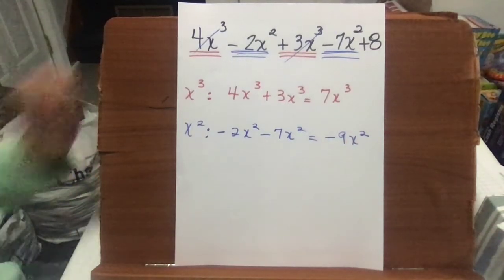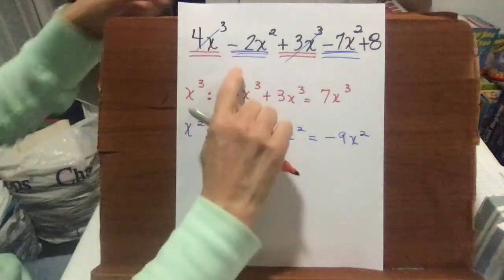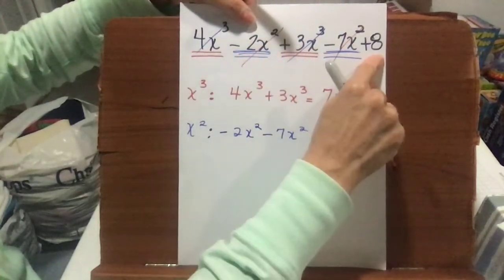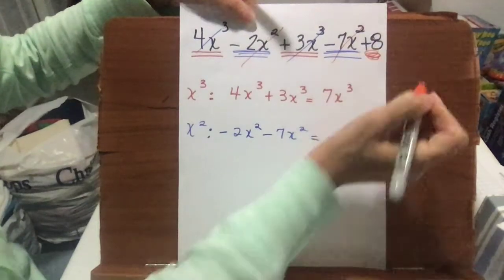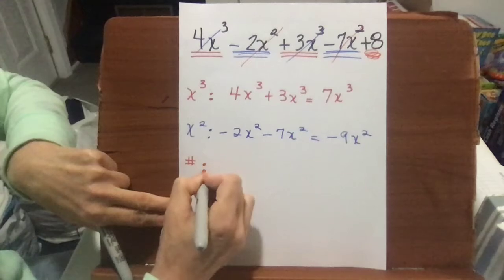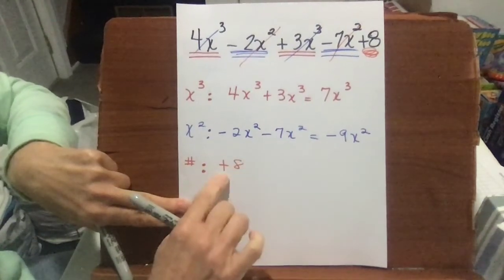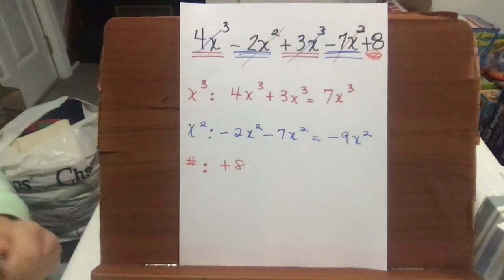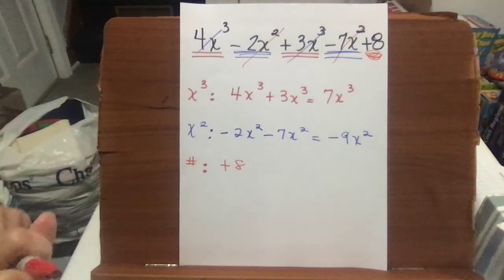And lastly, we're done with that. Lastly, we have numbers, but there's no more numbers to add to it. So this 8 is just by itself. So the number term is just positive 8, and we want the operation there as a sign, because if not, we won't know what kind of 8 it is when we write our final answer.